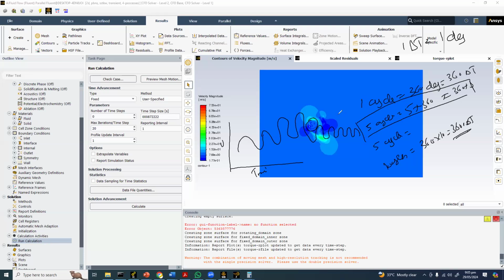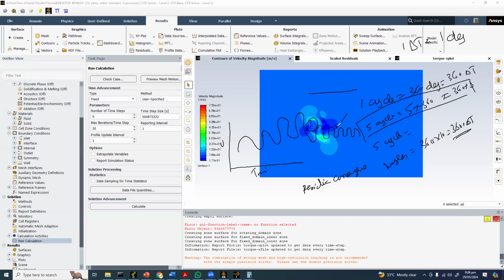It's repeating itself. Then we say the solution is converging periodically. In a transient simulation we cannot have the single line. Okay, we get the periodic convergence. Periodic convergence means after some period, the solution will start to repeat itself. That is a periodic convergence, and that's when we achieve it.